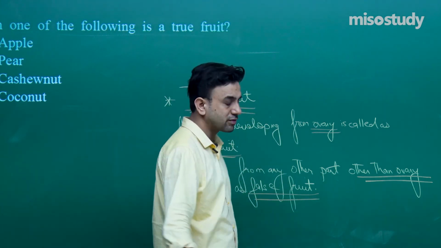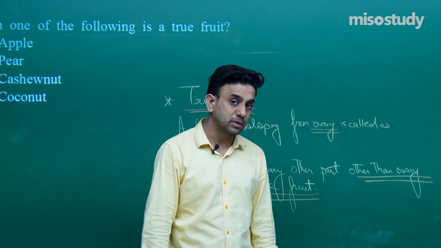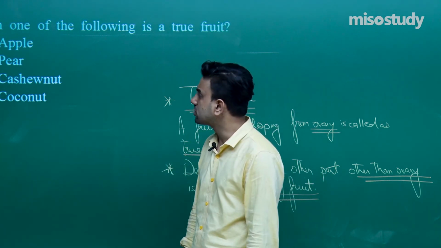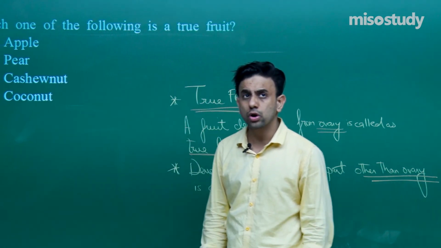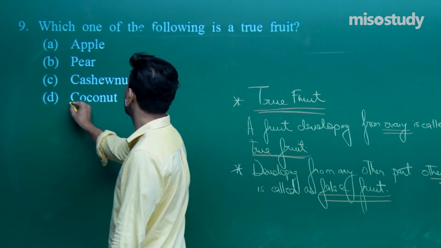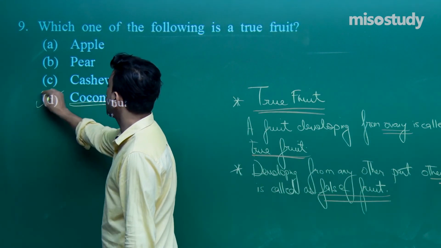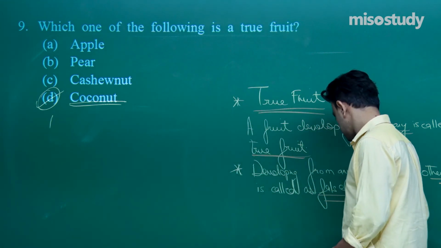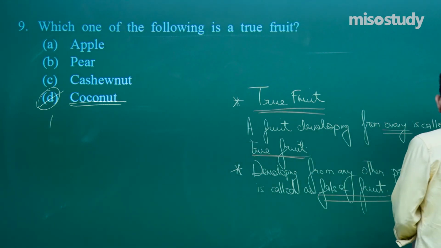Examples of false fruit, for example, the pineapple, the composite fruits, these are all false fruits. Here we see that the coconut develops from the ovary, and hence this is a true fruit, right.